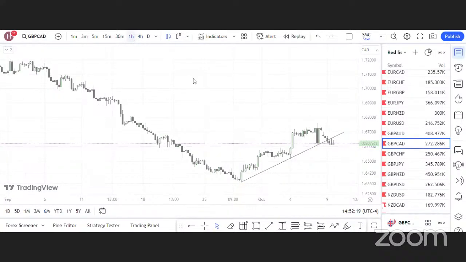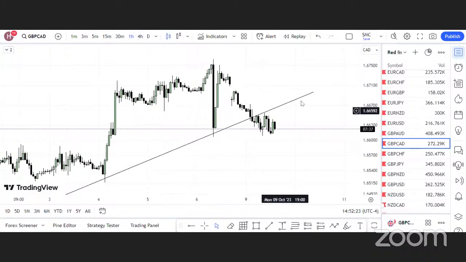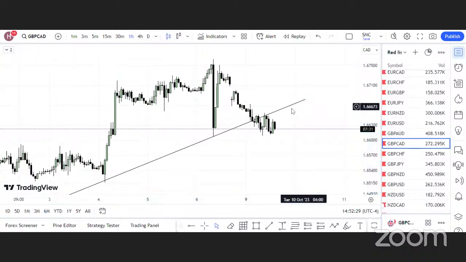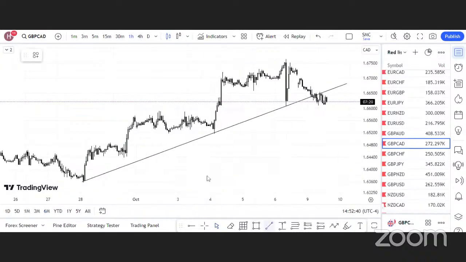So let's go to the 1 hour time frame to see what the market is doing currently. You see, right now the market just broke out. So let's check.